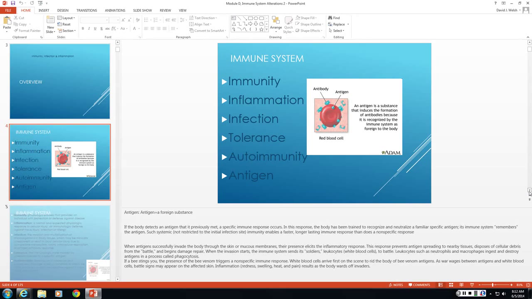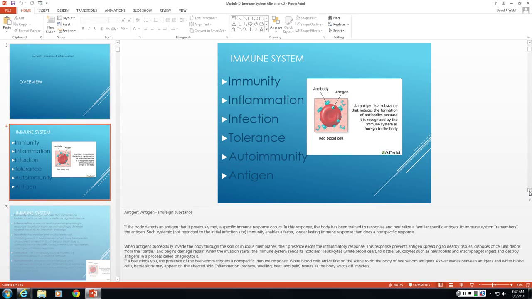Such a response is systemic, or at least not restricted to the initial infection site. Immunity enables a faster, longer lasting immune response, unlike the non-specific response.